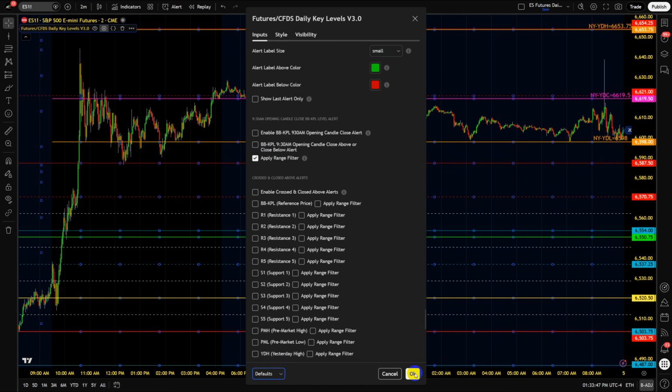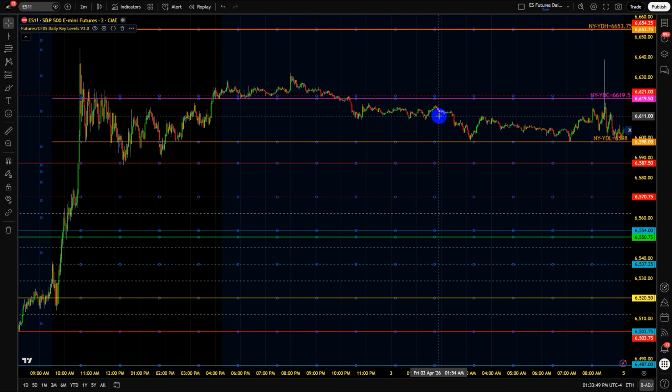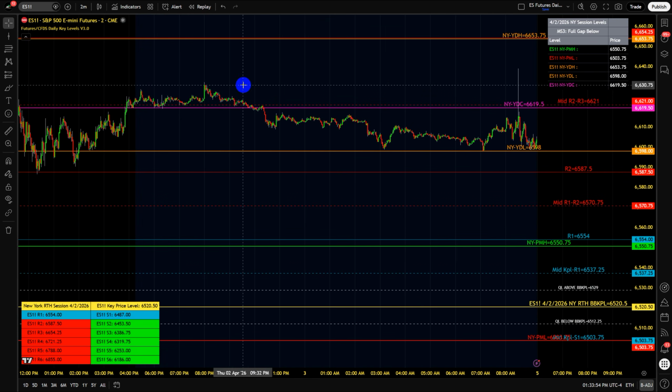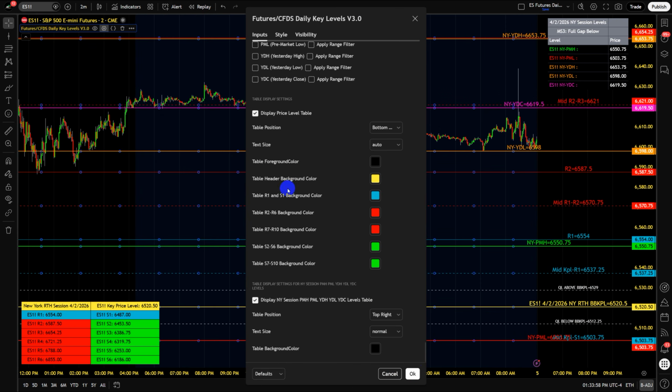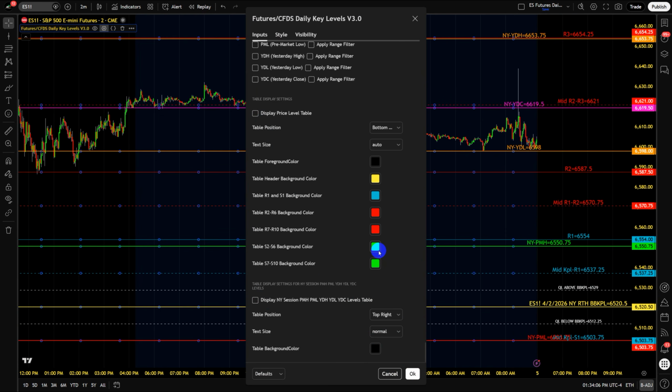So we'll reset settings. All right, so we'll just start off here by turning off these two tables. Just want to look at this as far as starting. How do you do this starting at the default? So that's why I went back to that. Okay, so turn off the two tables.